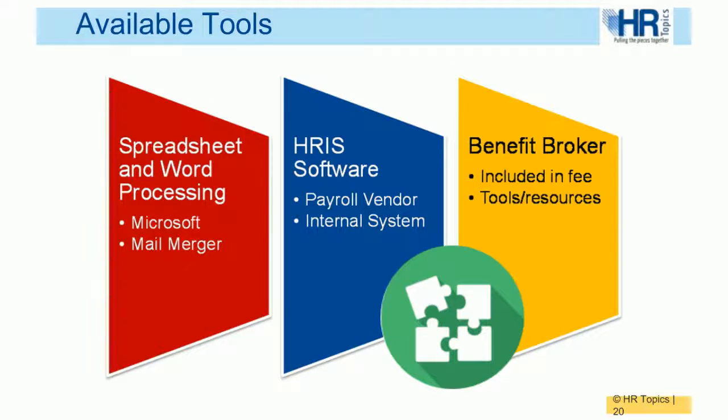So let's look at some of the tools you have available to you. When I do these, I typically just do a spreadsheet, and then I use Microsoft Word, and I do a mail merge, and it's kind of that easy. Now, the hardest part of the mail merge is getting your columns to line up properly when you import the data, but 90% of your communication piece is going to be standard for every single employee.